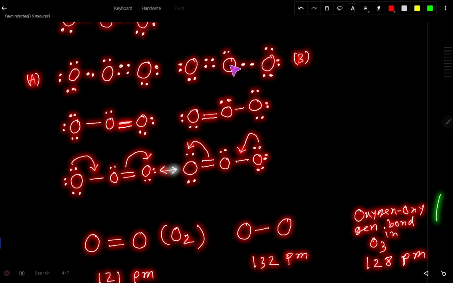Sometimes a molecule can have more than one Lewis structure, and these Lewis structures are called resonance structures, right? This is the limitation of Lewis structure actually.